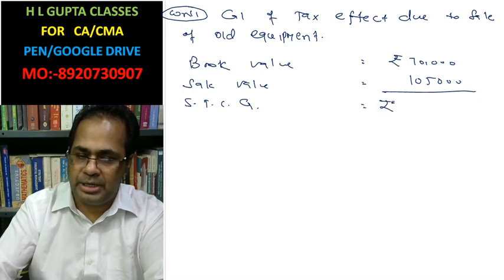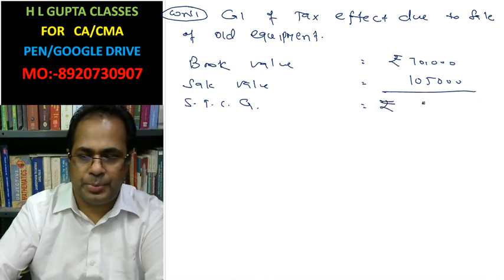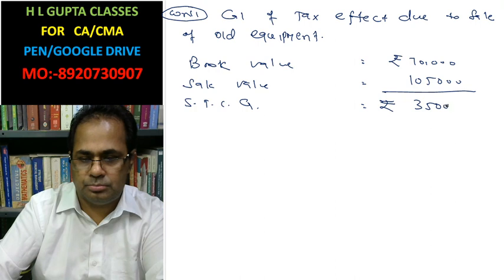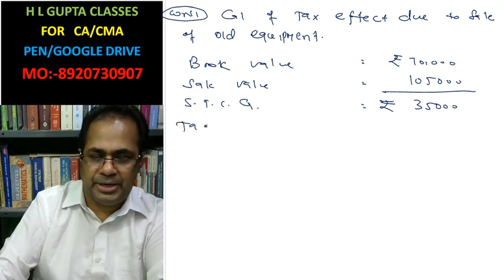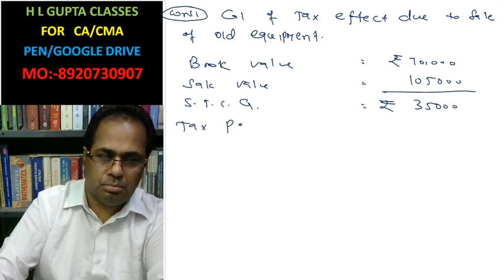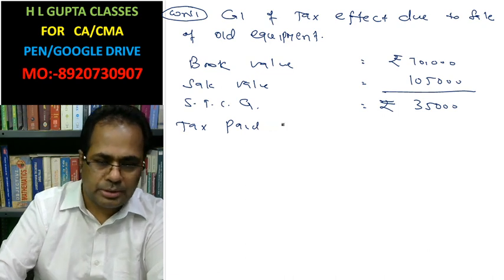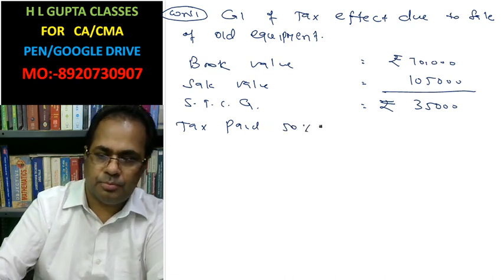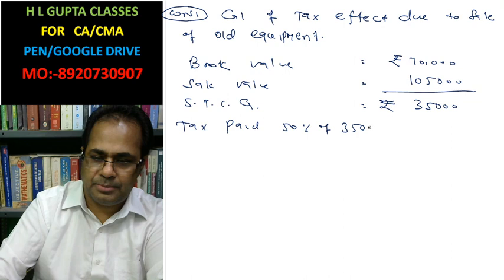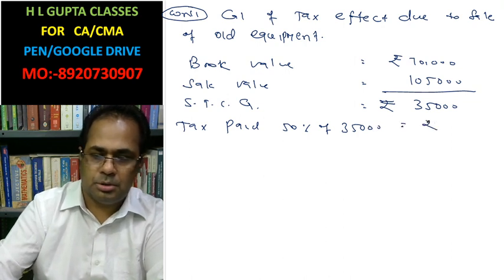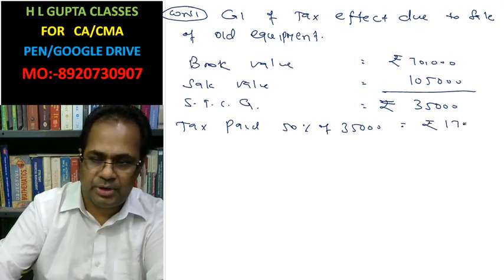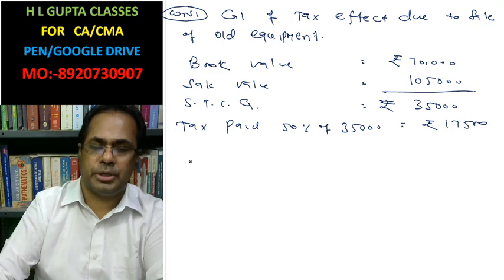Short term capital gain is rupees 35,000. Tax paid, that is 50% of 35,000, rupees 17,500. This is the first working note.